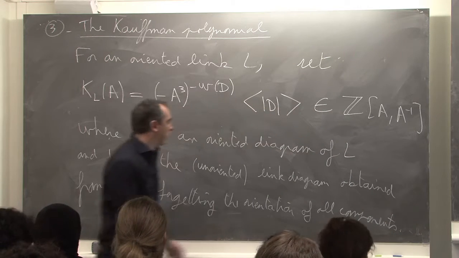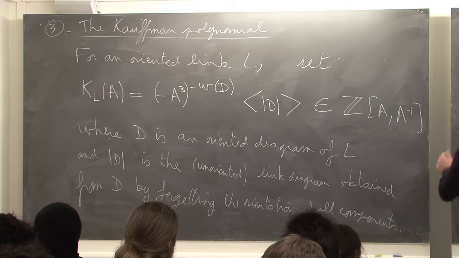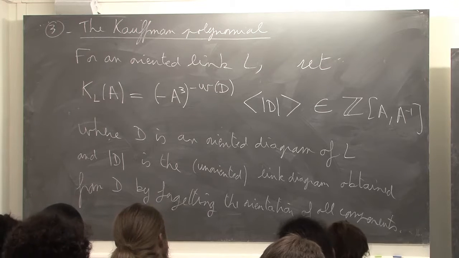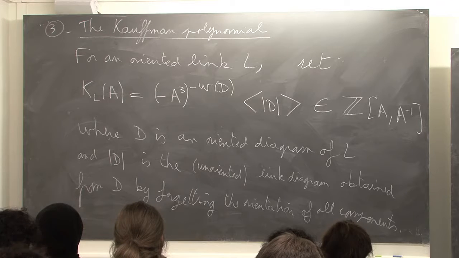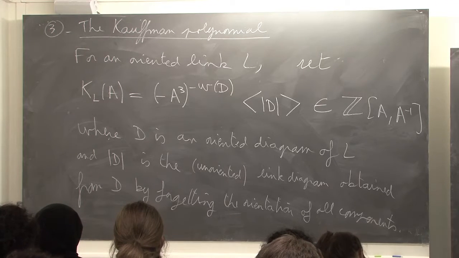Okay. So this is just a definition, and the main property is the following. Okay. Is that this is an isotopy invariant of oriented links.